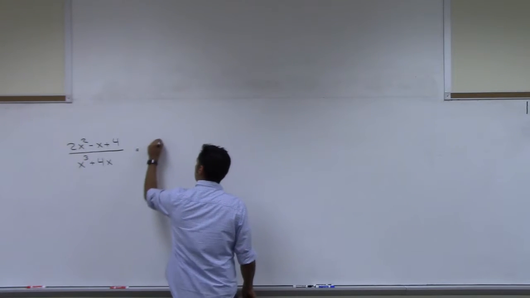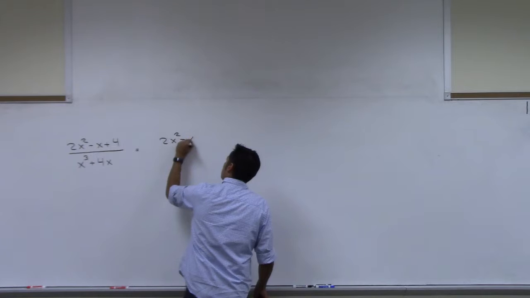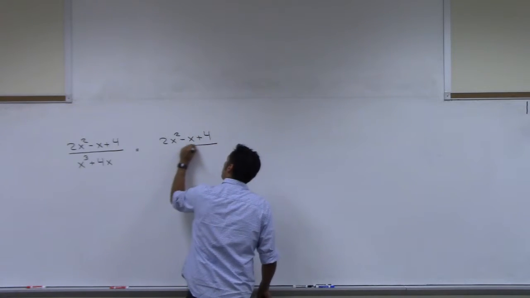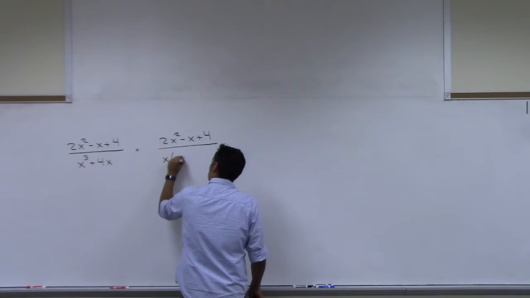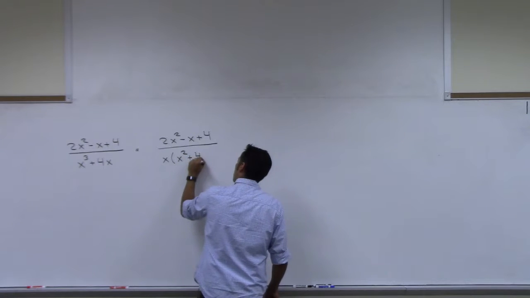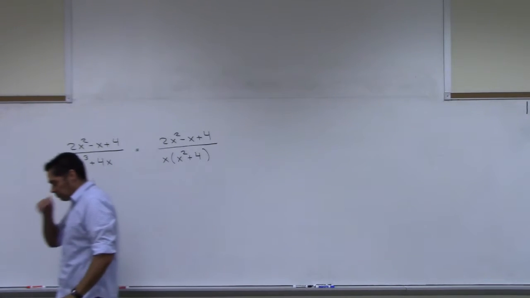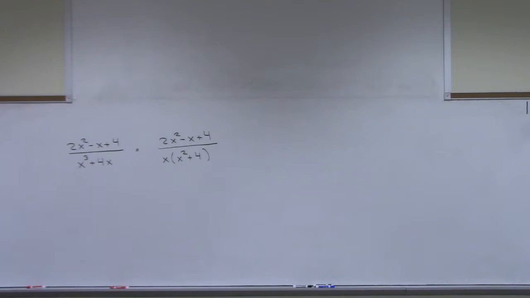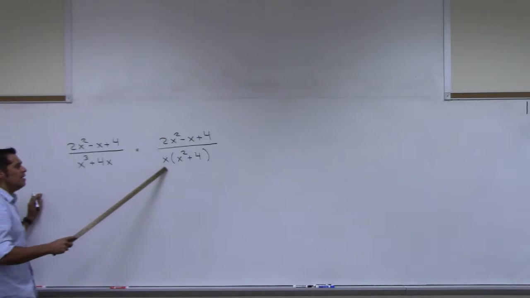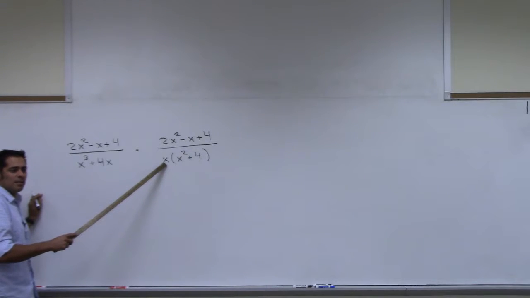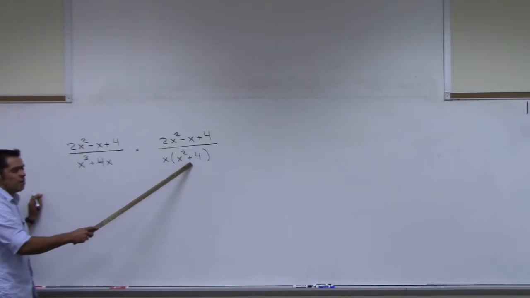We are going to say that this is 2x squared minus x plus 4 over, factor out just an x, and we get x squared plus 4 on the bottom. Now I said that this right here was a distinct linear factor. And do you remember what we called this?